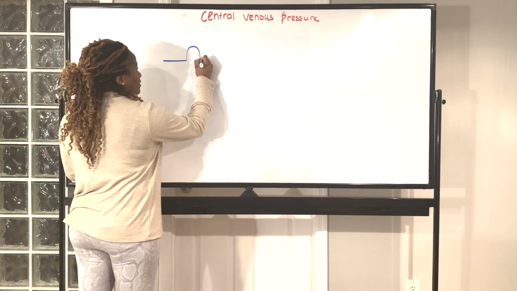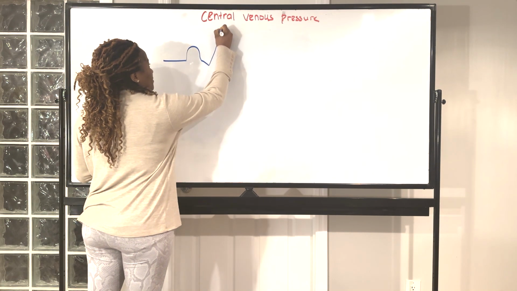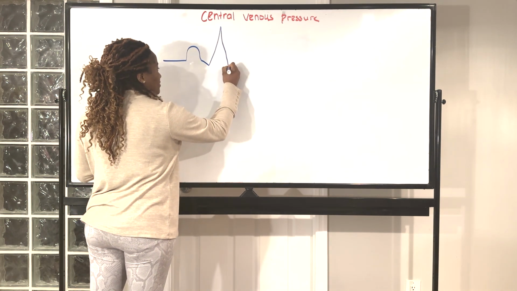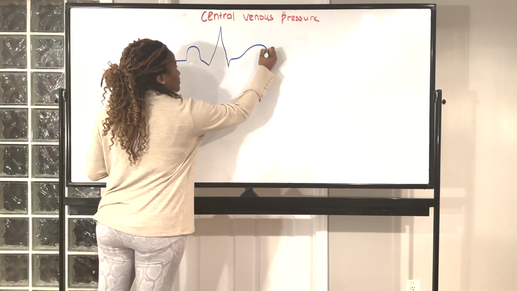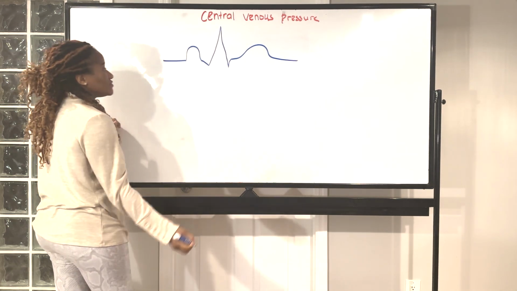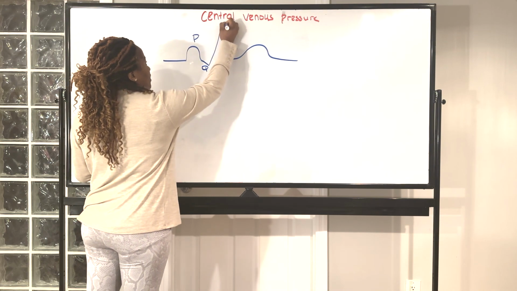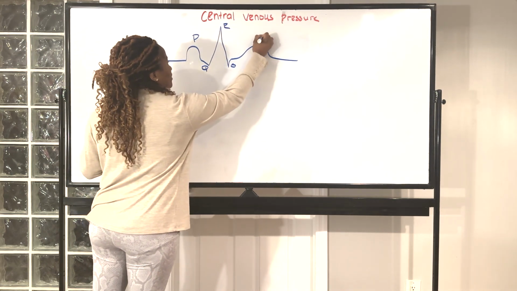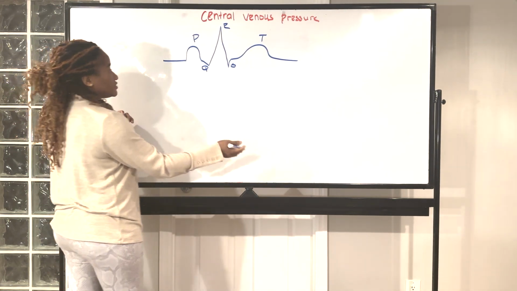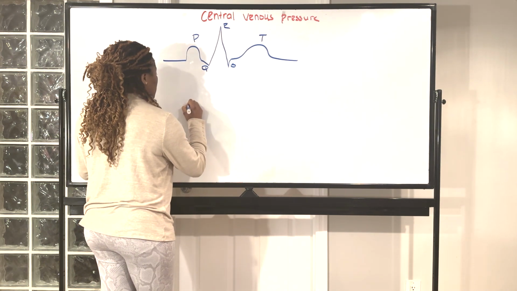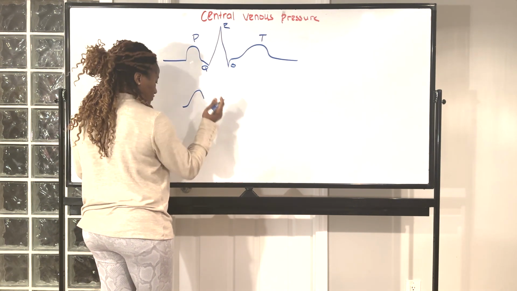So remember, I'm going to make this bigger just so we can see what is going on. So this is going to be our P Q R S T, and underneath it we're gonna make our curve.